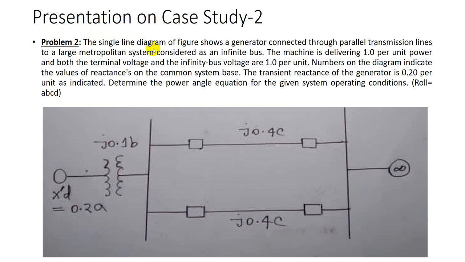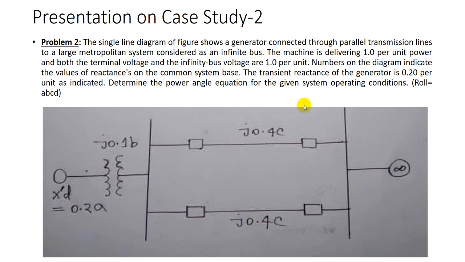The single line diagram of the figure shows a generator connected through parallel transmission lines to a large metropolitan system considered as an infinite bus. The machine is delivering 1.0 per unit power, and both the terminal voltage and the infinite bus voltage are 1.0 per unit.